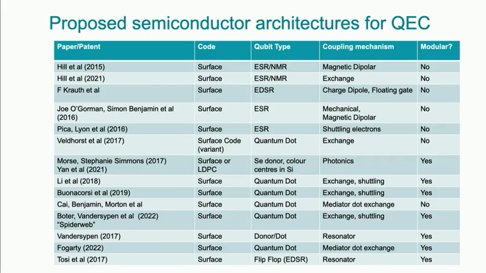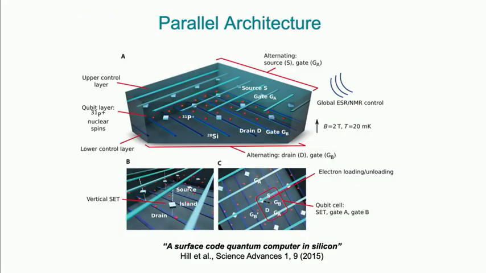So I thought I'd start with one that I helped work on, and that is this idea of having parallel use of the gates. So making use of the control wires that you use to control the quantum dots as much as possible.